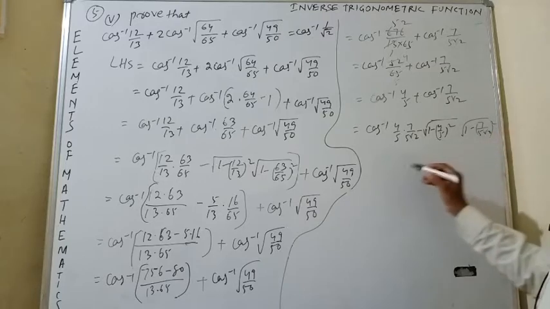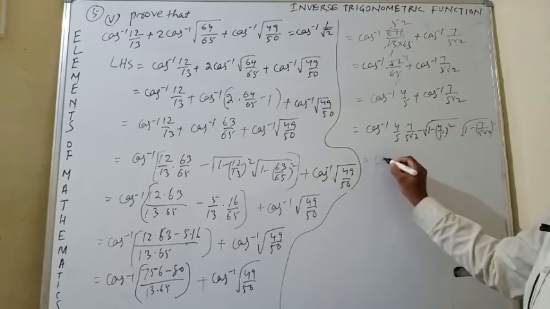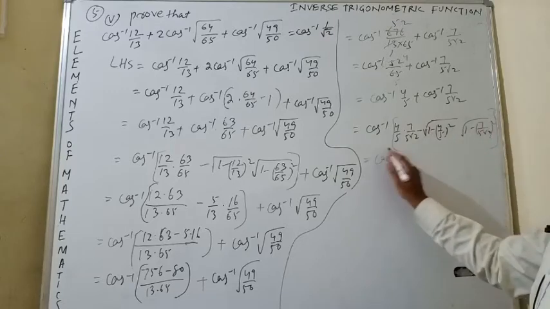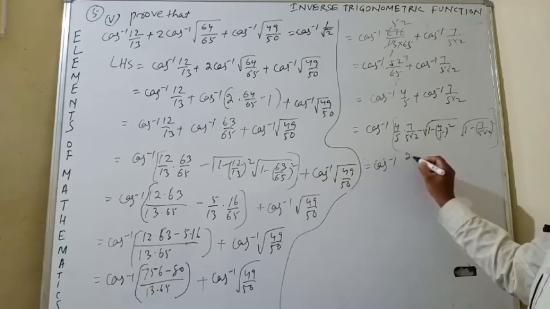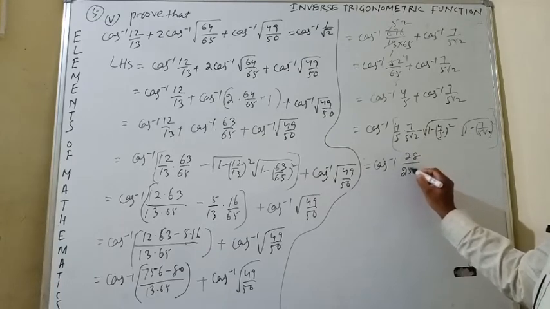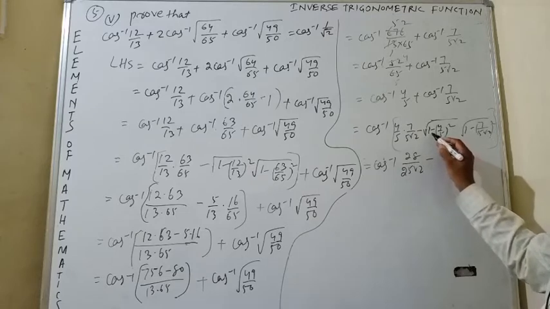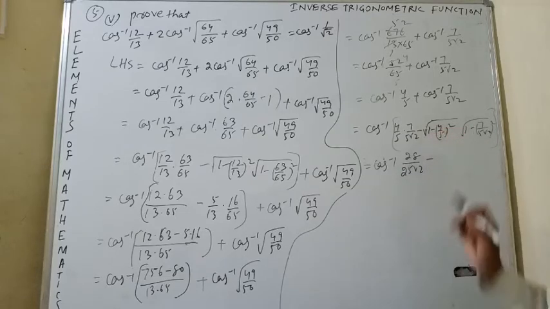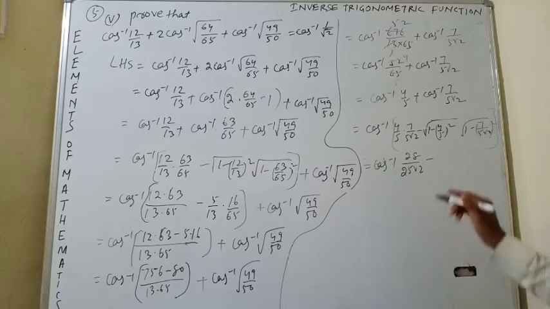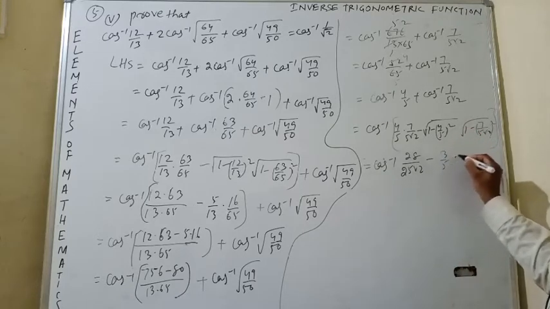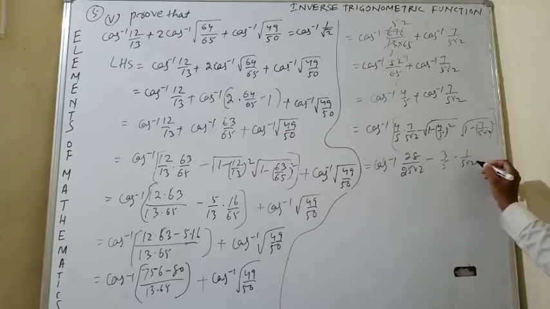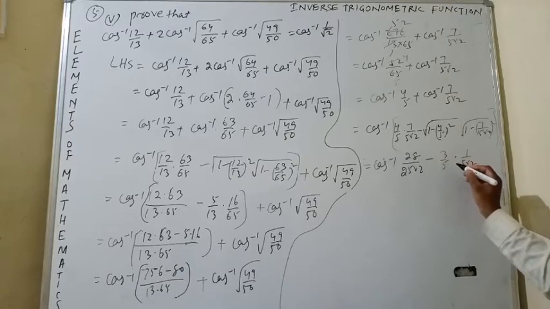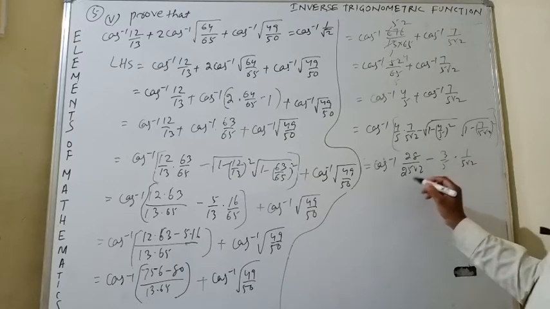this is equal to cos inverse 28 by 25 root 2 minus, you see 25 minus 4 minus 16 9, that is 3 by 5 into, this is 50 minus 49 1 by 5 root 2, okay.